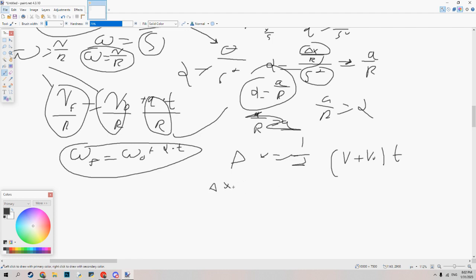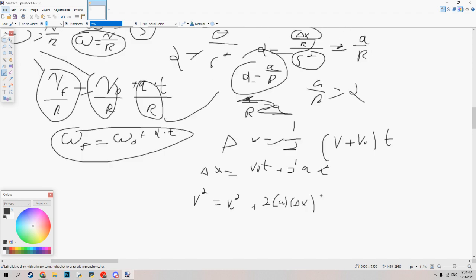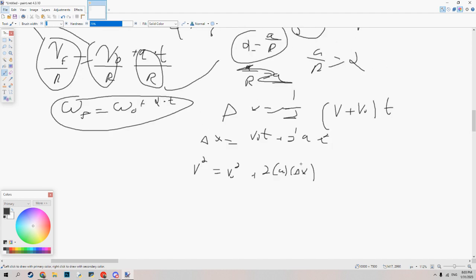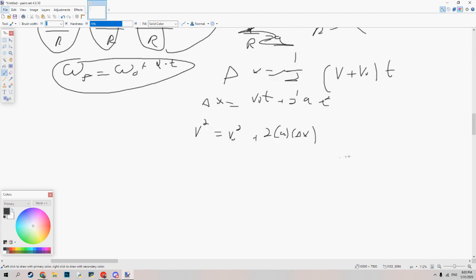Delta x equals v initial by t plus 1/2 acceleration by t squared, and v final squared equals v initial squared plus 2 by acceleration by delta x, which, what did I do? Oh, that's what I did. Sorry.